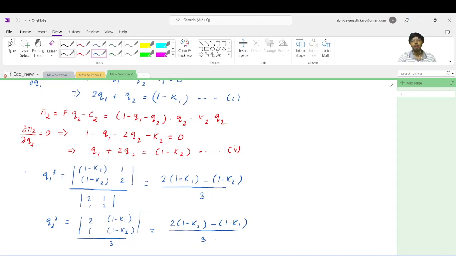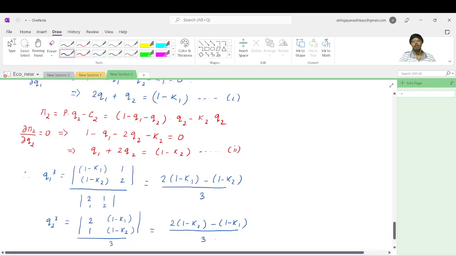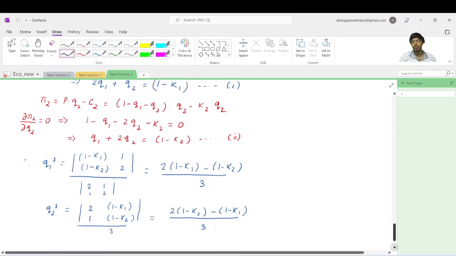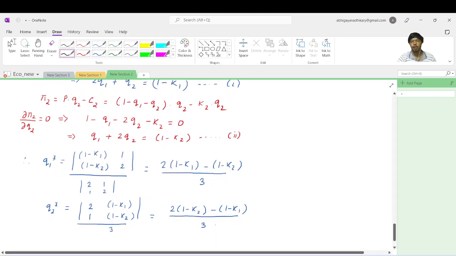Now essentially all these terms are positive, right? So q2 star is positive. You can just check it out if you want to. So q1 star becomes 2 minus 2 times k1 minus 1 plus k2 divided by 3. So that is 1 plus k2 minus 2 times k1 divided by 3.